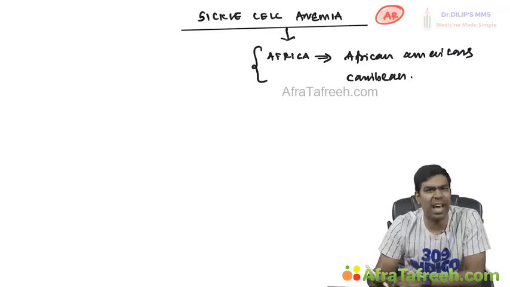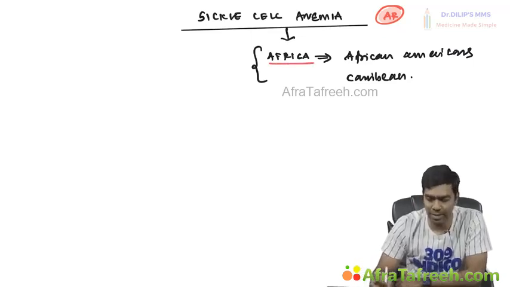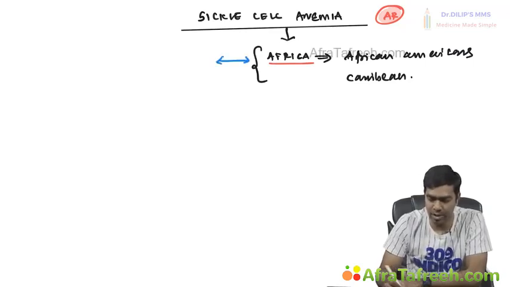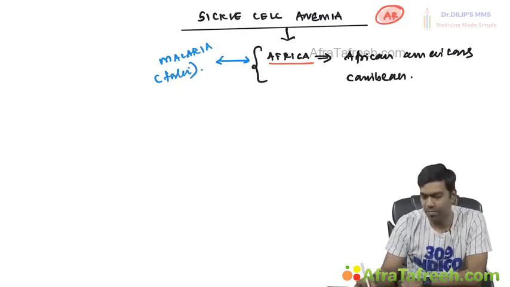So why are these Africans particularly prone to sickle cell disease and sickle cell trait? If you ask me, it has an evolutionary relationship with malaria, especially falciparum malaria. The reason is that sickle cell anemia is thought to give protection, not sickle cell anemia, to be honest, but sickle cell trait.